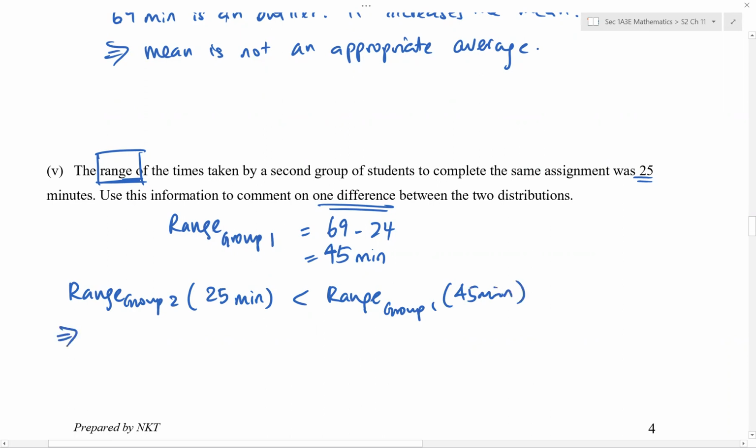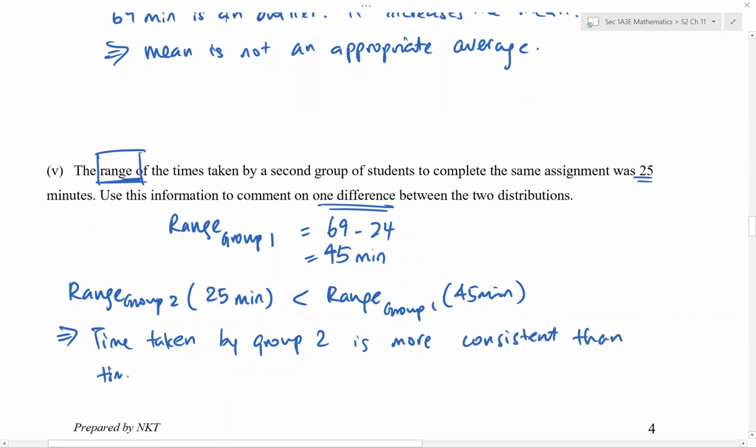So our conclusion is that time taken by group 2 is more consistent than time taken by group 1.